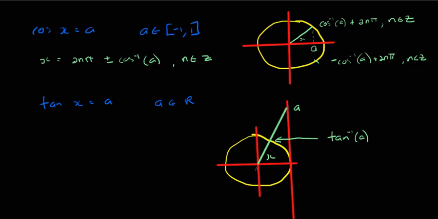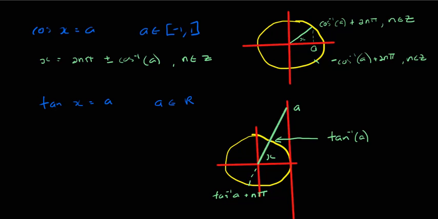But also, if you take the tan of this angle around here, which is inverse tan of a plus pi, well, plus any multiple of pi brings you around here. Then add on pi takes you back to where you start again.